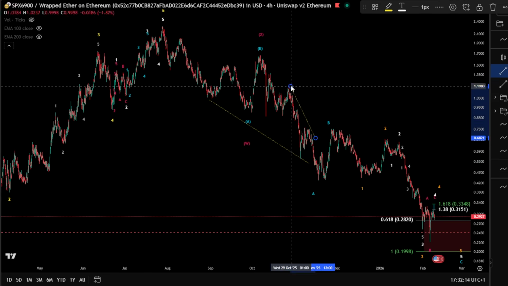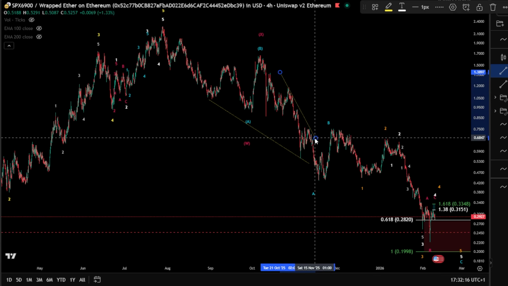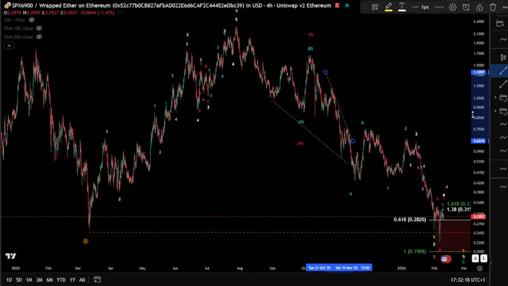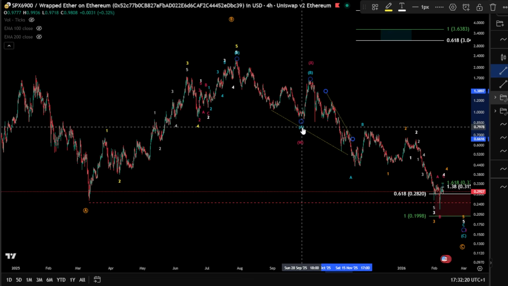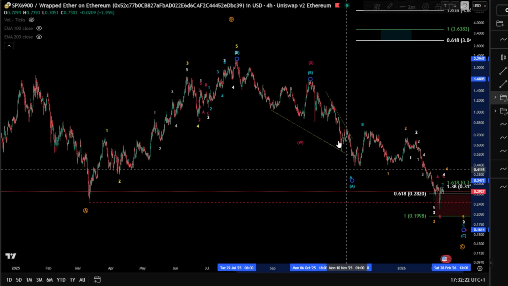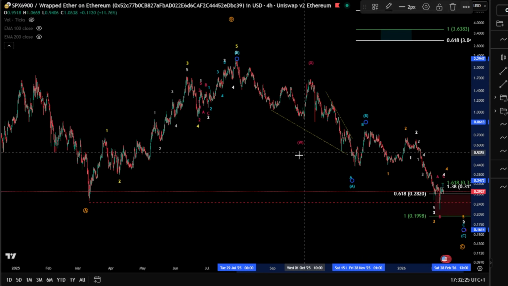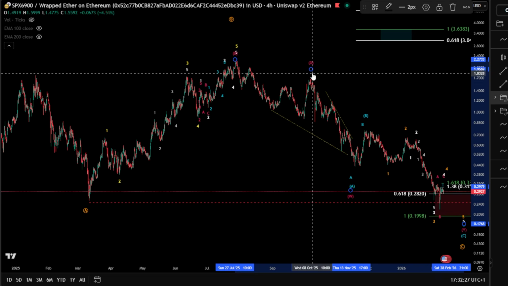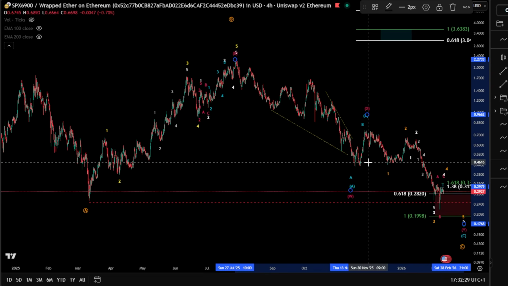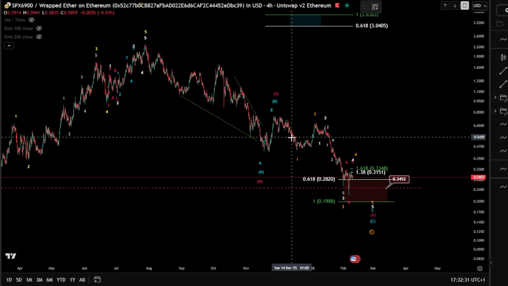Very sharp, a little bit zigzag and aggressive as a leading diagonal wave A. It can be that you might have finished the wave A, wave B over there.